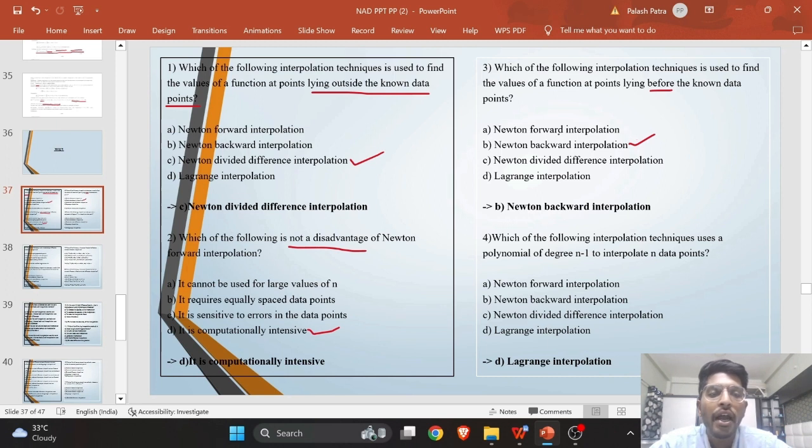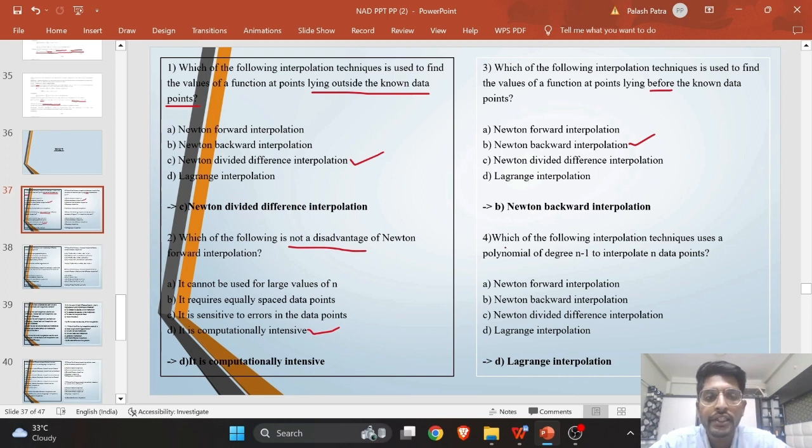And in forward, we calculate the function value after the known data points. Lagrange's interpolation is used when we need to calculate the value of the function when the interval is uneven. So option C, the Newton backward interpolation, is the correct option.